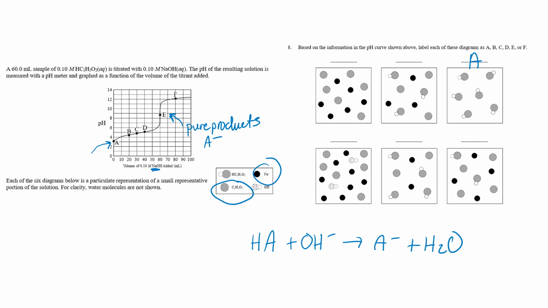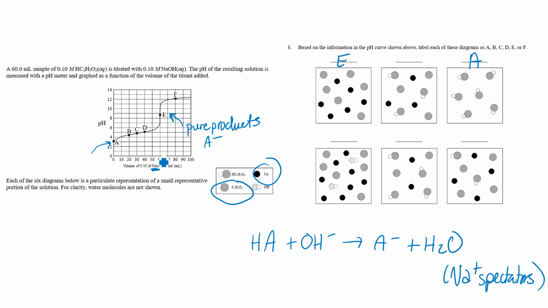They're spectators, so they don't show up in my net ionic equation, but you'll notice that all these other ones have sodium ions floating around in them because they're spectator ions. They're hanging out in all these stages. So at equivalence, I just should have my anion and then my sodium. So it would be this one right here. This looks like my equivalence point. I only have those two things.